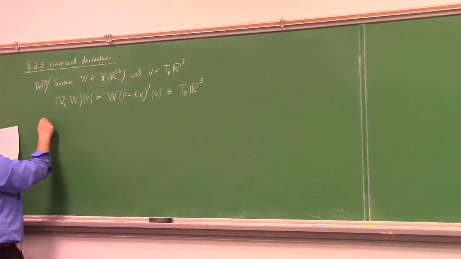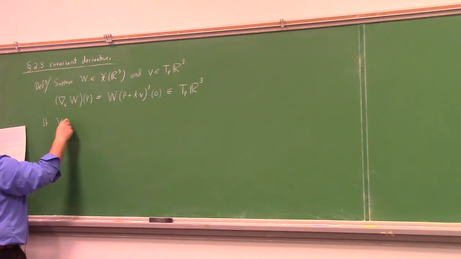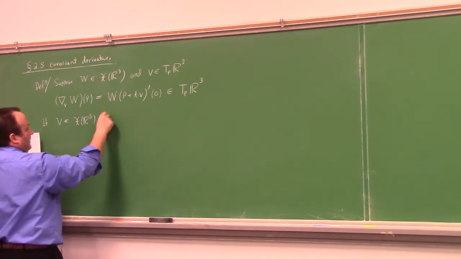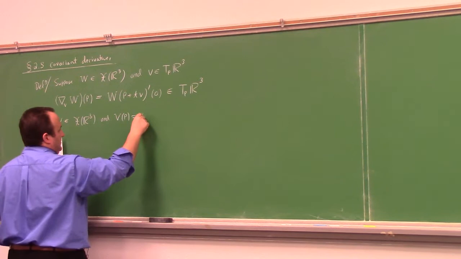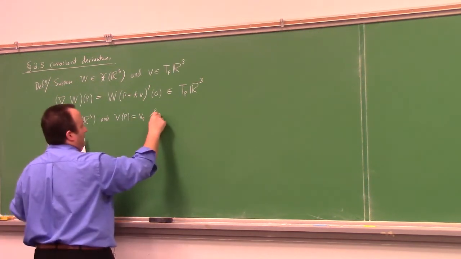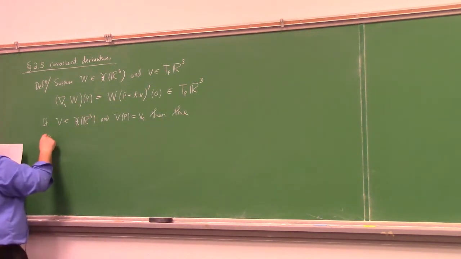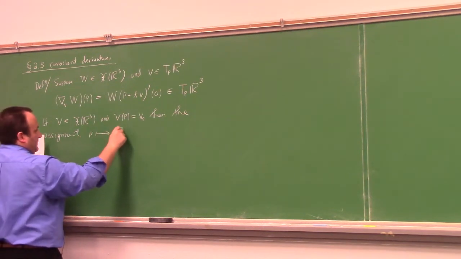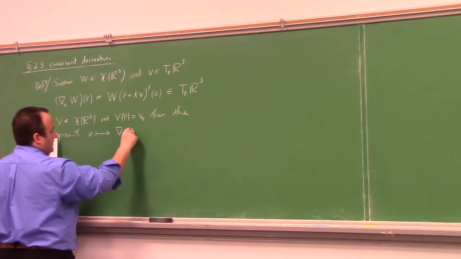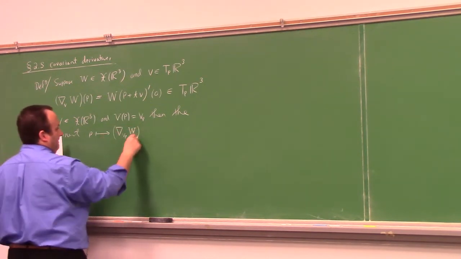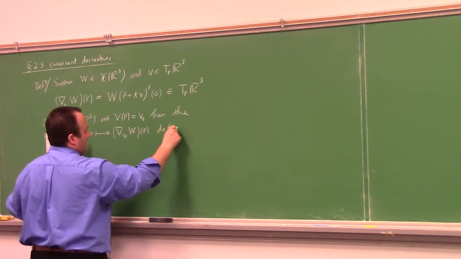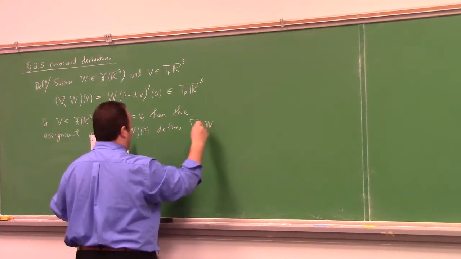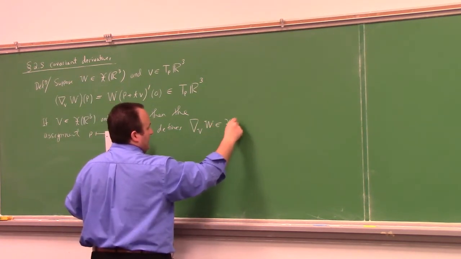Moreover, if big V is an element of the vector fields on R3, and let's say V at P is equal to little v sub P, right, then the assignment P maps to the covariant derivative of v sub P, W, of P defines the covariant derivative of W with respect to the vector field V, which again is a vector field on R3.